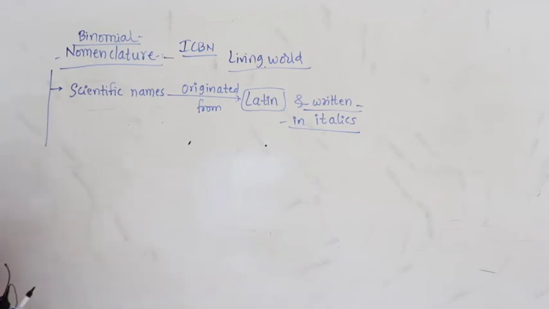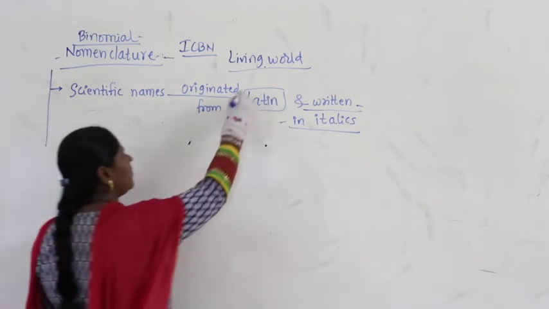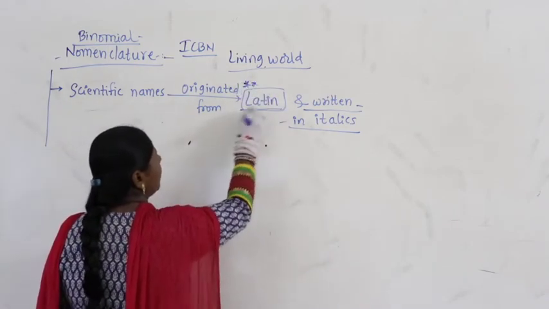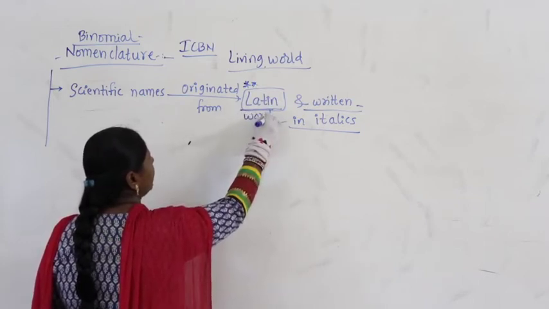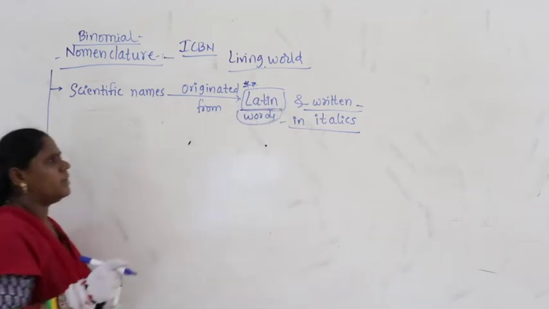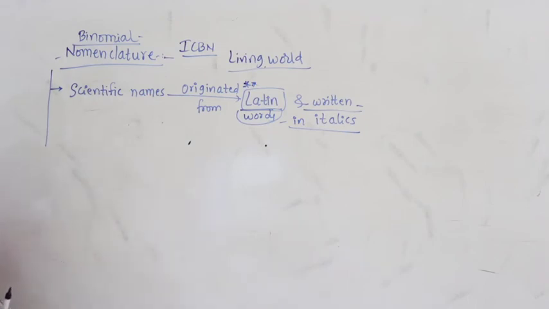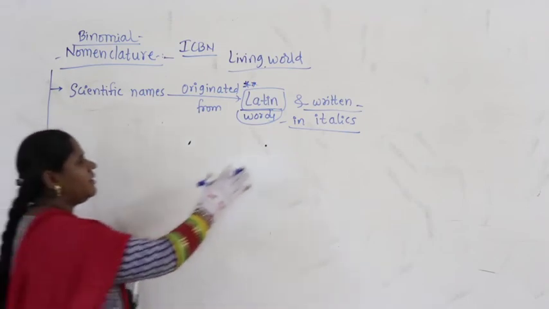So scientific names, they generally are originated from Latin. That means they are Latin words. All scientific names are nothing but actually Latin words and they are written in italics.